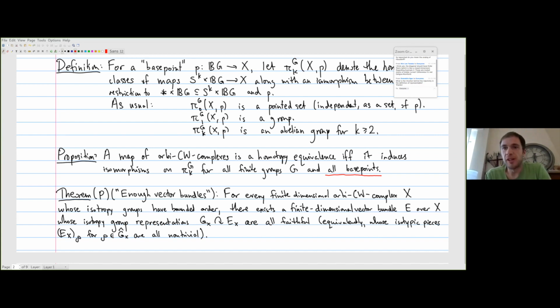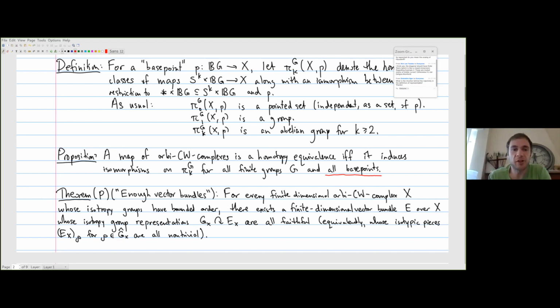This is no longer true in the Orbispace context, because once you have some isotropy group representation which is non-trivial, you're never going to be able to embed that into a trivial vector bundle, because that would entail embedding a non-trivial representation into a trivial representation when you specialize to a given fiber. So this result about enough vector bundles allows you to make these arguments, which in usual algebraic topology would rely on embedding something into a trivial vector bundle.